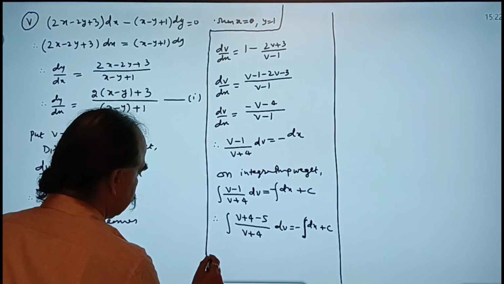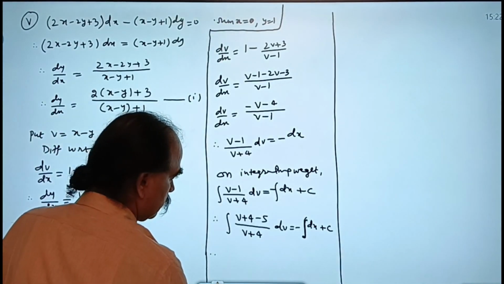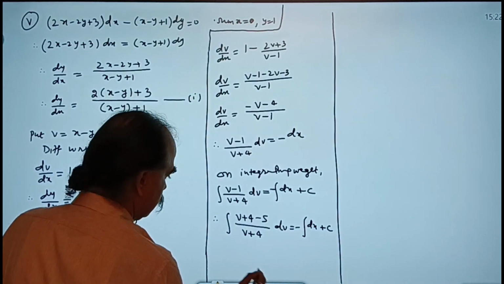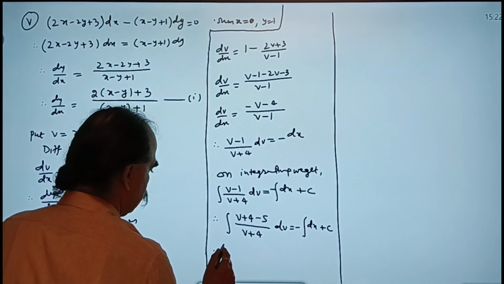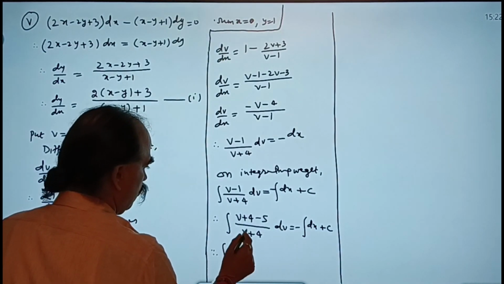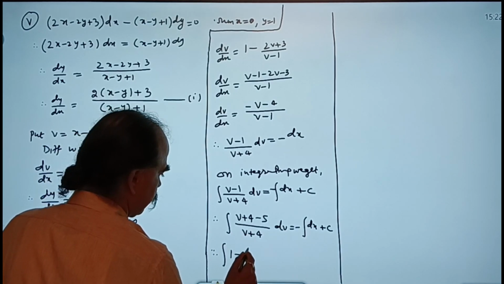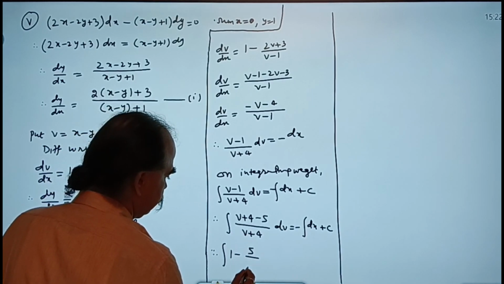Separate it, so it will give you 1 minus 5 upon v plus 4.